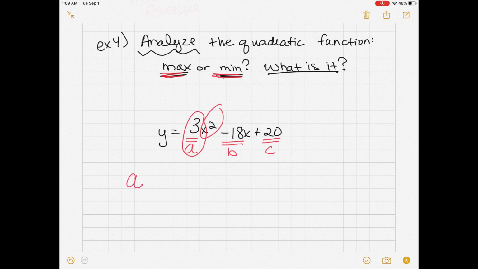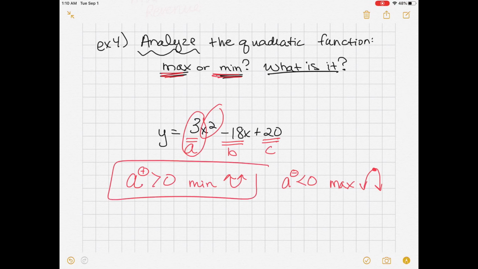So remember, if A is positive or greater than 0, we know it has a minimum because it looks like this. And if A is negative or less than 0, we know it has a maximum because the shape looks like this, and this vertex would be at the very top, which would be a maximum value.